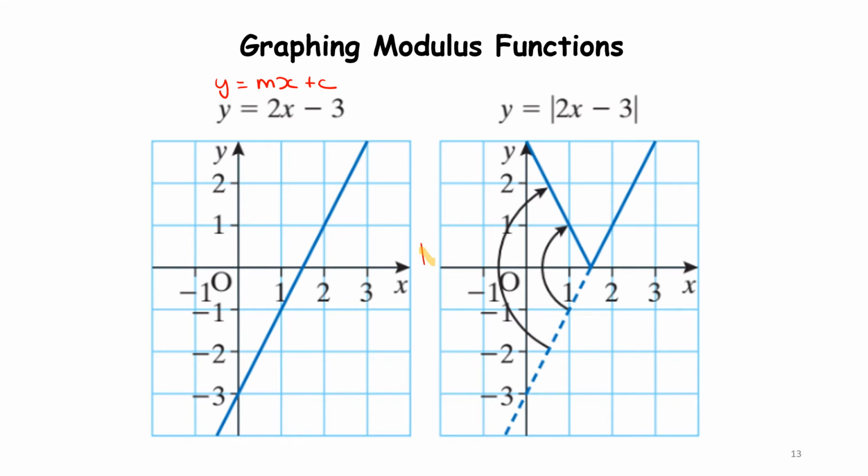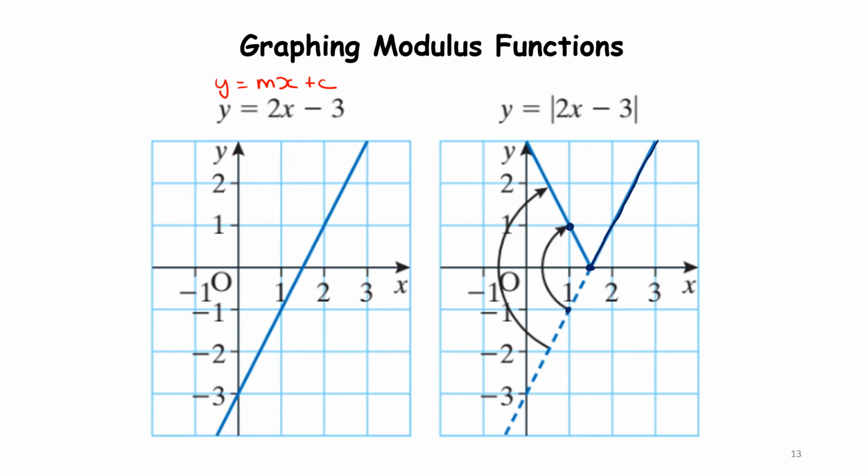Now, how would we change the drawing if we put modulus or absolute value signs on the 2x minus 3? Well, what we're saying is y then cannot be negative. So what happens is, and I'm seeing this backwards, I'll go along it. This part of the line is fine, but when it hits here, it's reflected, and that's a really good word. It is reflected back. So instead of being minus 1, it shows as 1.